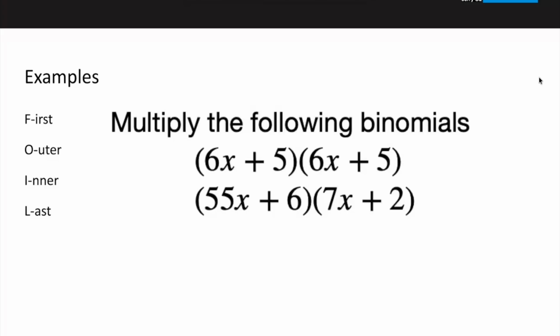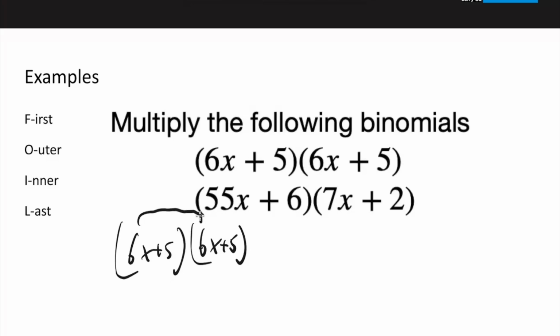Let's start with the first problem. 6x plus 5 times 6x plus 5. The first terms in this instance are 6x and 6x. Multiplying them together, we get 36x squared. The outer terms in this instance are 6x and 5.